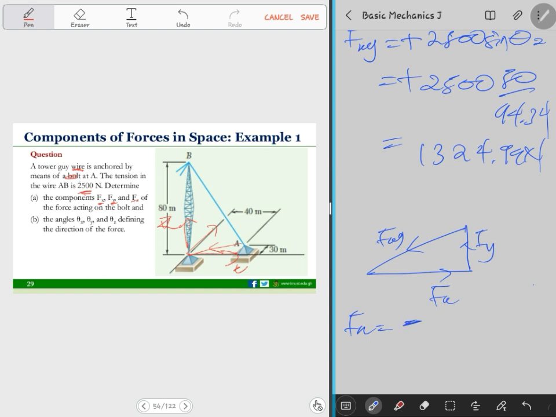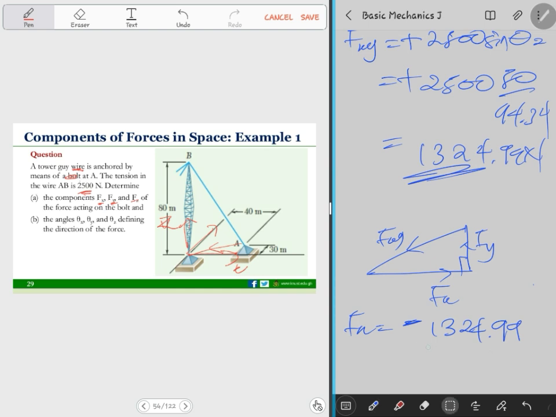And then we have the full force, the resultant, which is the Fxy, so let's write that one, 1324.99. The direction is what we get from the negative and positive, so just put them there, even if it's positive, so that you don't get confused.